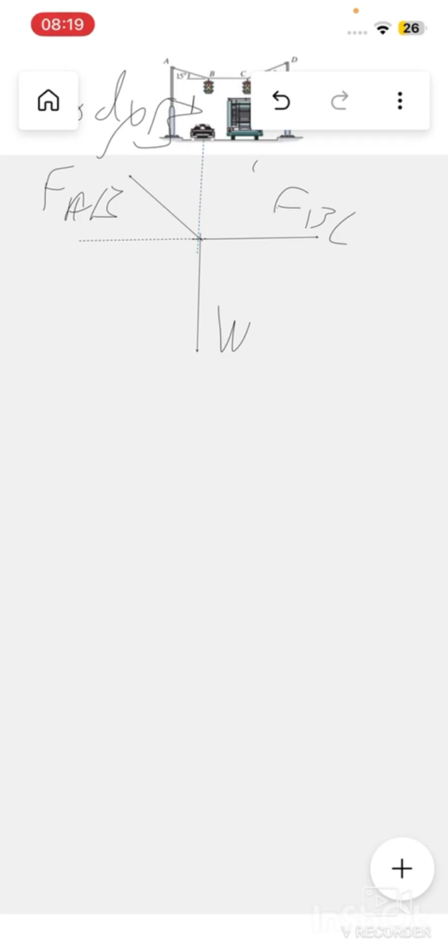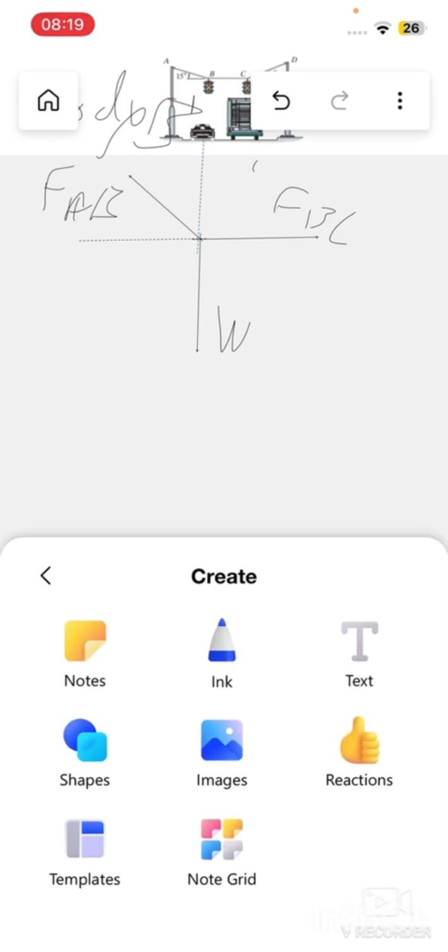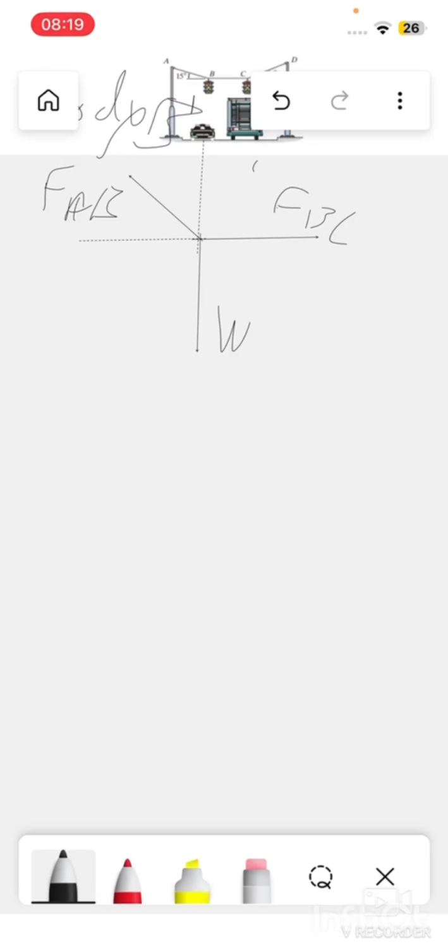We have our components, but we need to name them. This is going to be AB cos 15, since this angle we name as 15. This vertical component is AB sine 15 degrees.